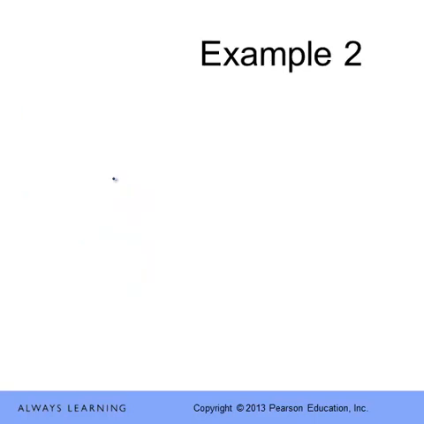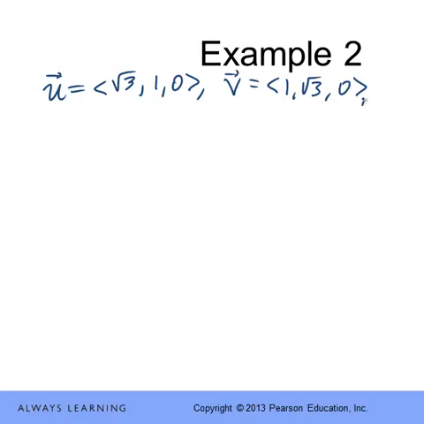All right, let's do an example here. Number 2. We have vector u with components square root of 3, 1, 0. We have vector v with components 1, root 3, 0, and vector w with components 1, root 3, and 2 root 3.